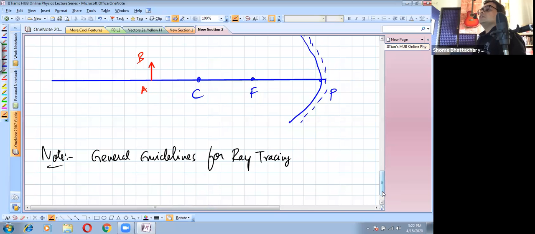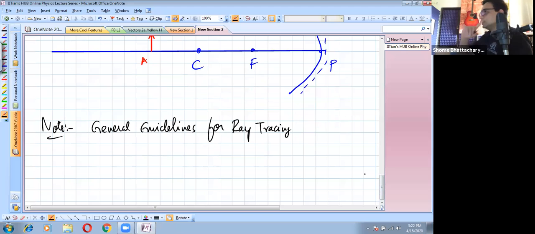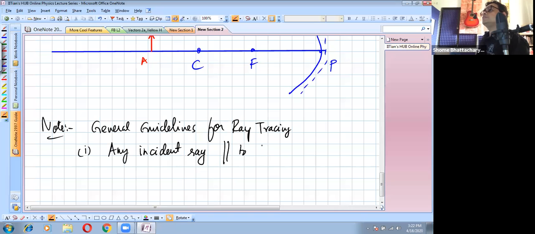Okay. So in general, if you trace any two rays, they will give you the image of whatever you're looking for, because they will either intersect at a real point in front, or they will diverge in such a way that those divergent reflected rays, when you produce them back, will give you the virtual image. But sometimes it becomes difficult to draw one type of ray, so we should have some options. The first type of option is any incident ray parallel to the principal axis.